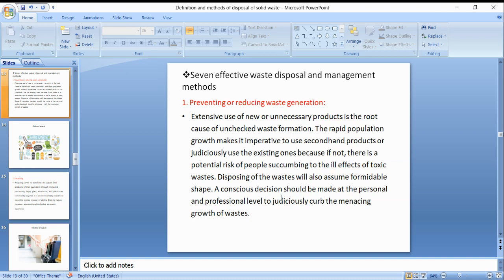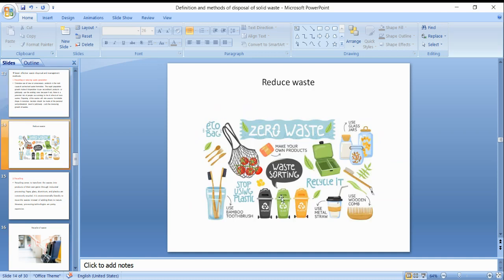If we are always taking a new product, then we are generating more waste. So a conscious decision should be taken at the personal and professional level to reduce the waste.